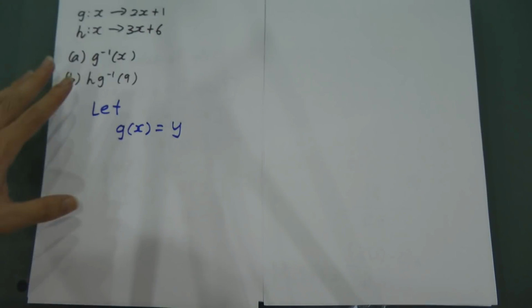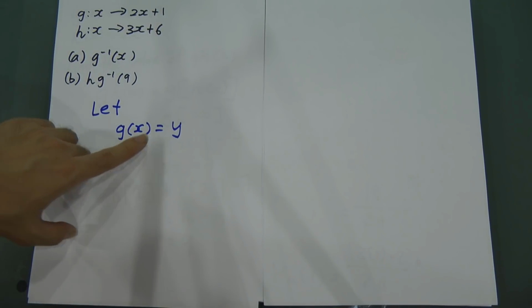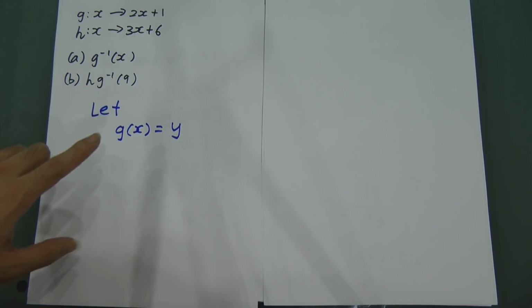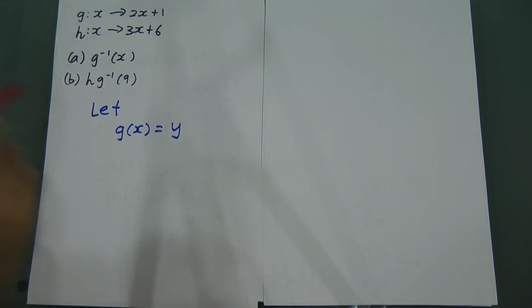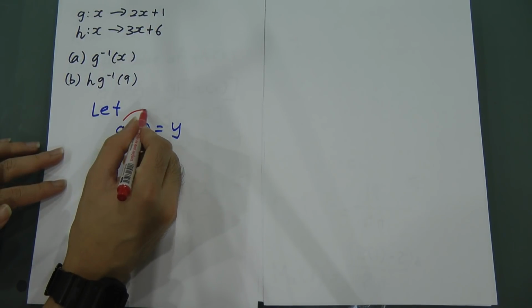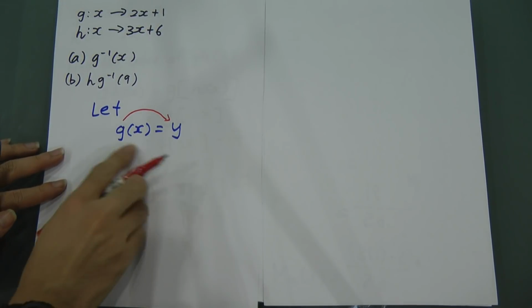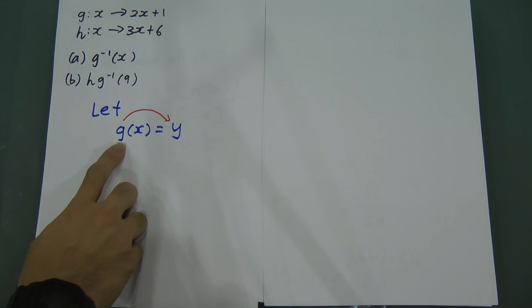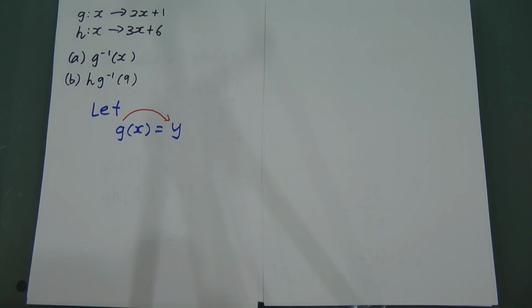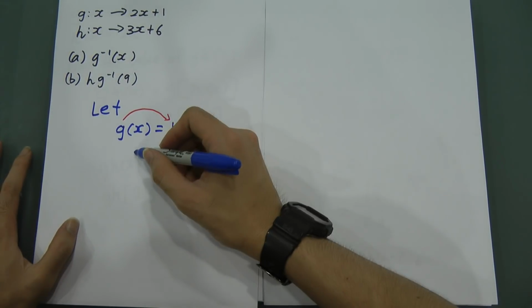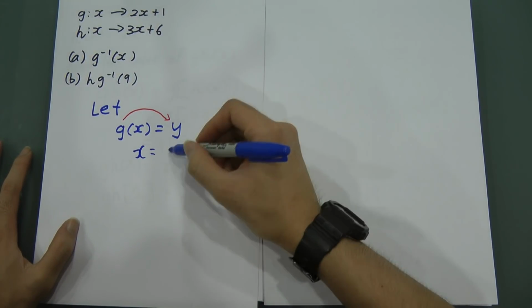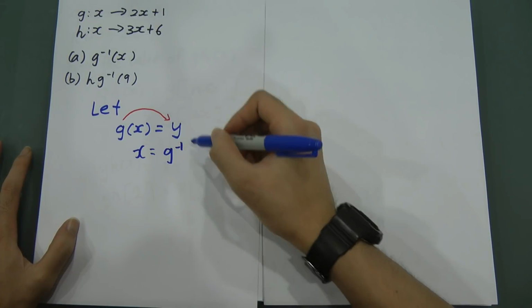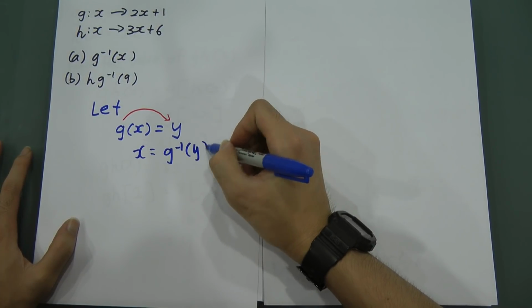But then I substitute later, because when g(x) is equal to y, what happened when I move the g to this side? g(x) will mean g multiple x, correct or not? So when we move g to this side, we will get x equals g inverse y.